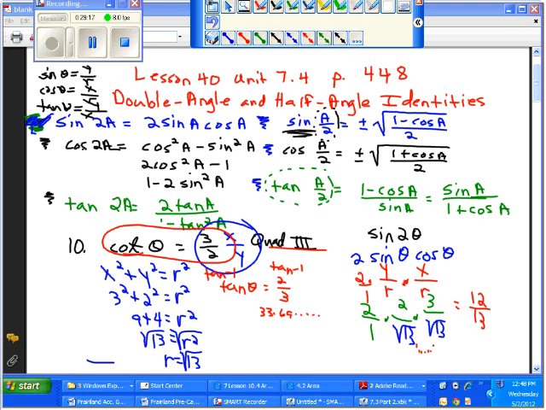What that tells me is that I'm in quadrant 3, and I'm 33.69 degrees away from there, which puts me at 180 plus 33.69, which is 213.69.